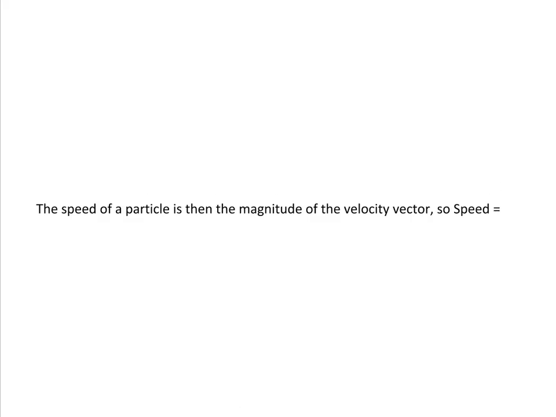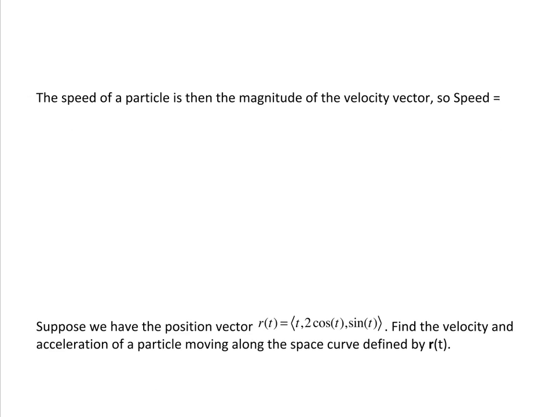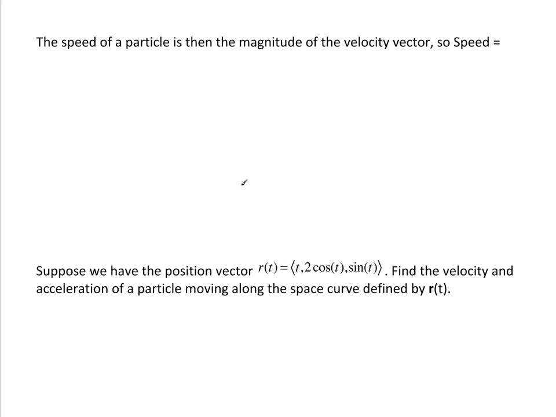Now, the speed of a particle is then the magnitude of the velocity vector. So speed is actually simply the magnitude of the velocity vector, v of t, which is the same as saying it's the magnitude of r prime of t, keeping in mind again that these are both vectors, which we can also think of as ds dt, where s is the arc length, or our position.